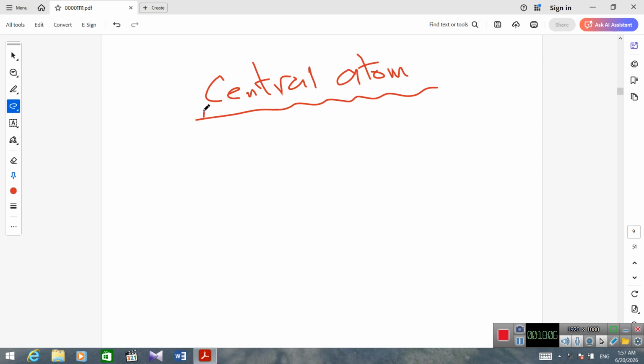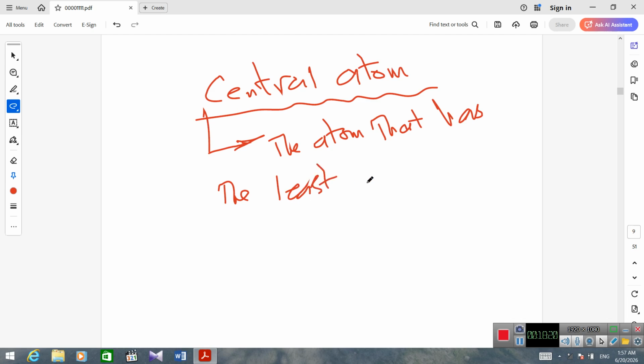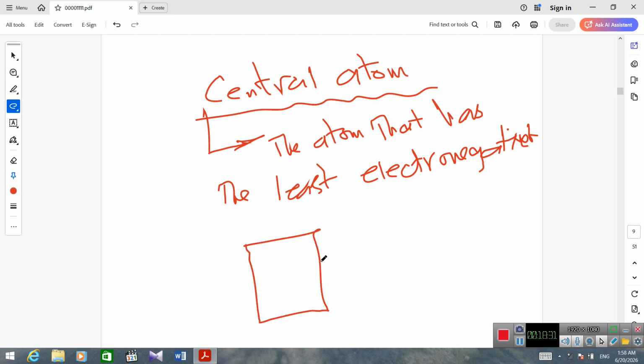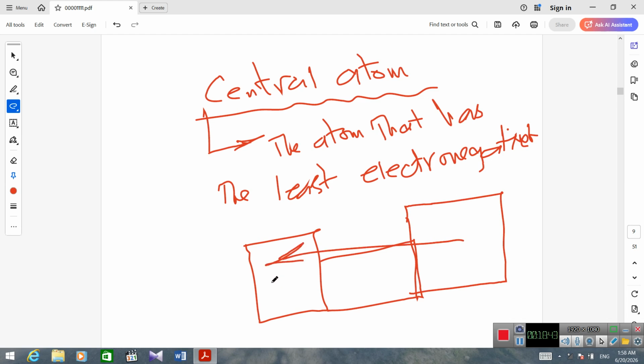The rule for selecting the central atom is that the atom that has the least electronegativity, or in other words, when we display the periodic table, the atom that is located on the left side and at the bottom is the central atom.